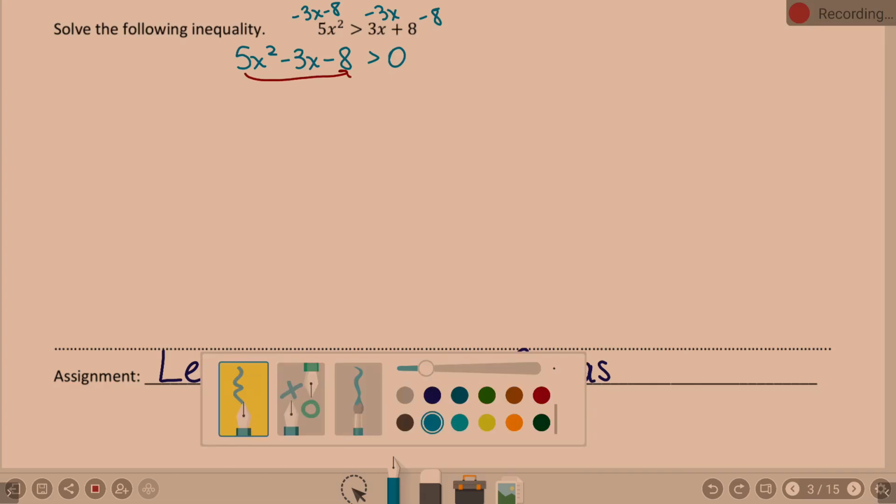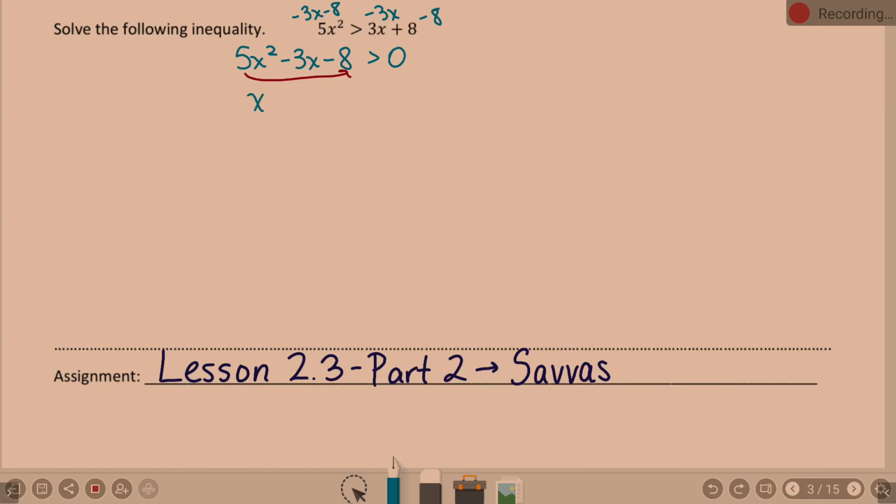So now I have x squared minus 3x minus 5 times 8 is 40. And for right now, I'm just going to use equals 0. We'll come back and talk about the inequality later. Now that you slipped the 5 out of there, now what?